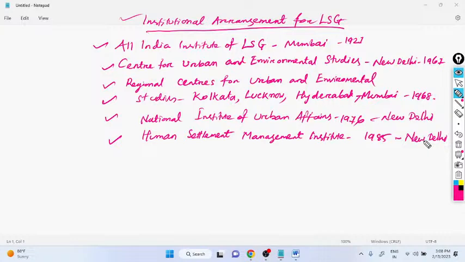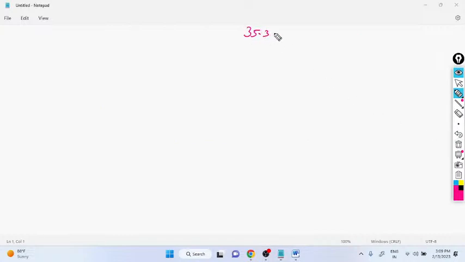Percentage of urban population in India in 2021, India's urban population historical data, it is about 35.39% in 2021, and it was just a change of only 2%, 3%.